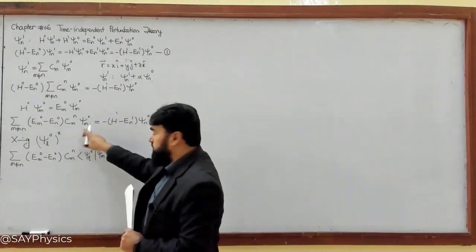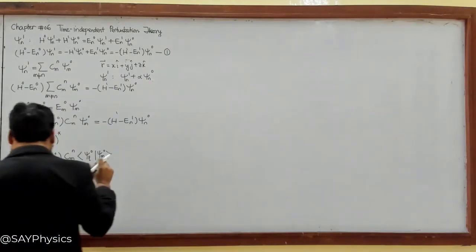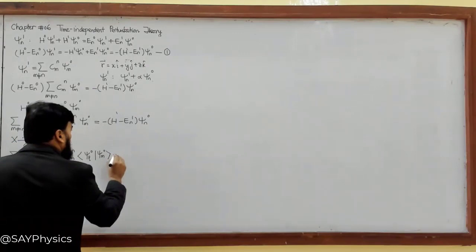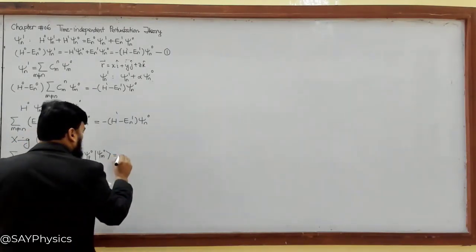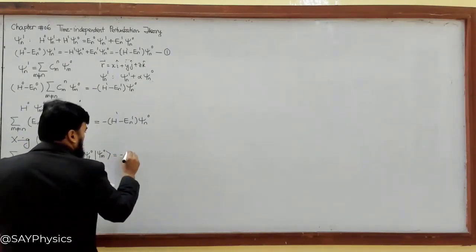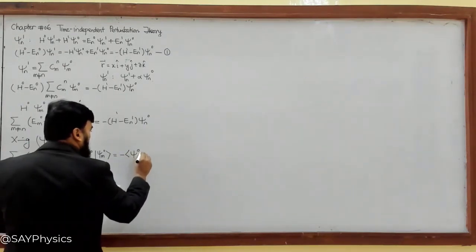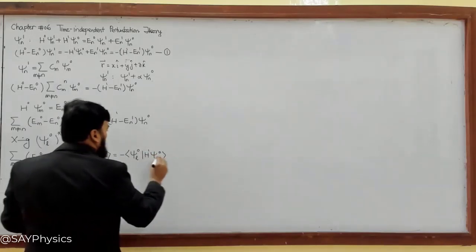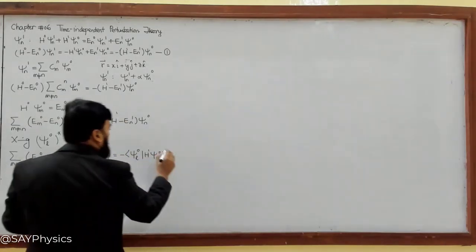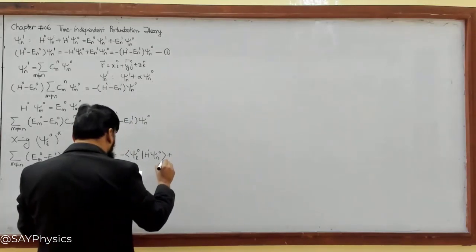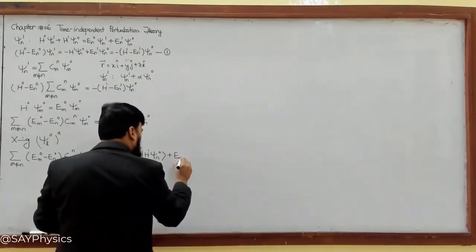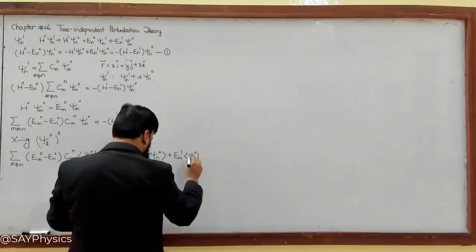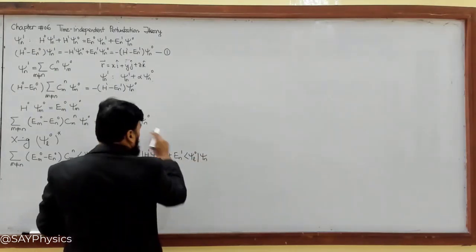The wave functions get multiplied. This is equal to minus psi L0 H prime psi N0, and minus minus becomes plus, En1 psi L0 psi N0.